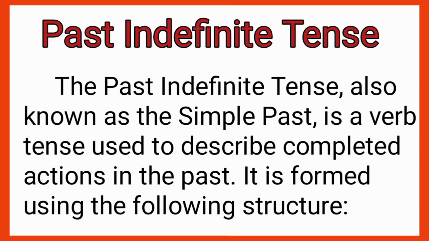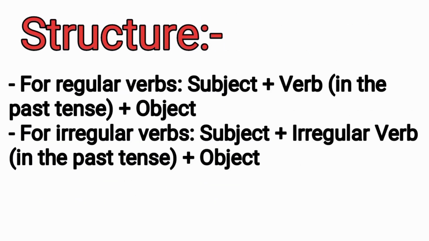The past indefinite tense, also known as the simple past, is a verb tense used to describe completed actions in the past. It is formed using the following structure. I will share with you the structure for regular verbs.